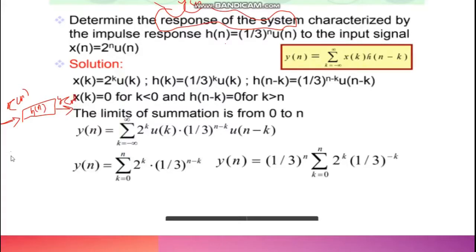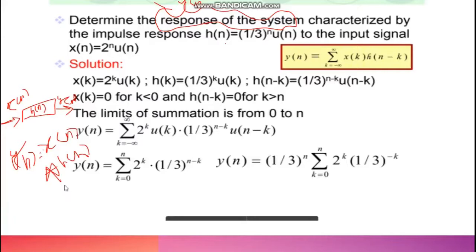Then how can I write y of n? y of n can be written as x of n convolution h of n, right? That is, we can write y of n as x of n convolution h of n.